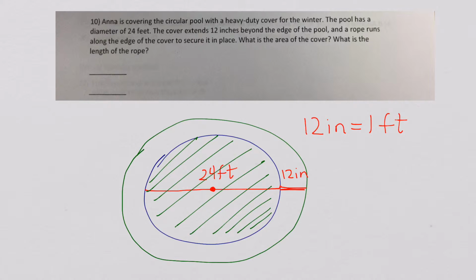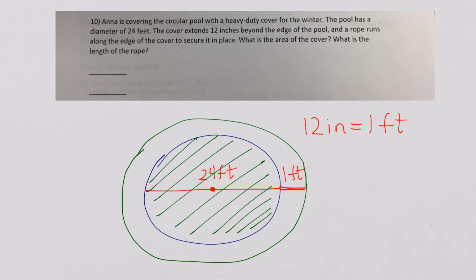So to make our diagram a little easier and have everything on the same page, we're going to erase this. Okay? We're going to get rid of our 12 inches. And we're going to call that 1 foot.